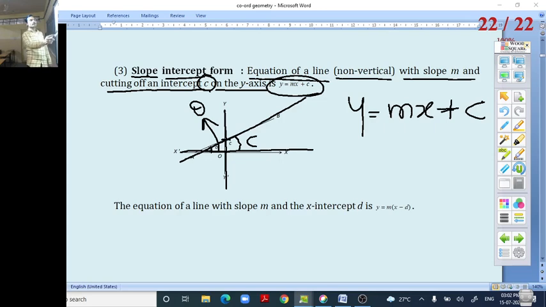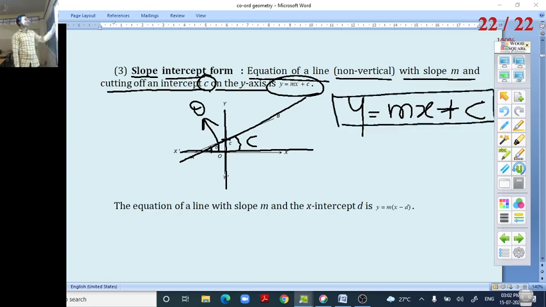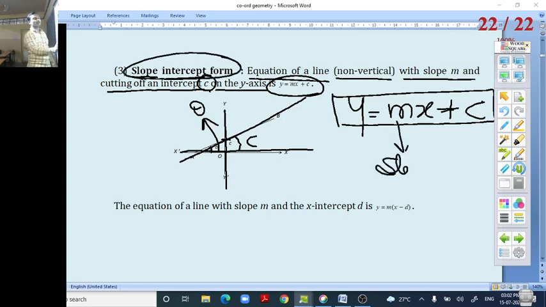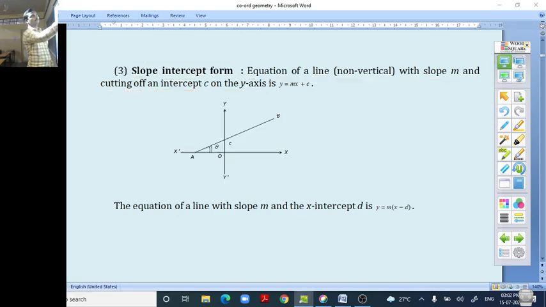So y equals mx plus c is the slope-intercept form of the equation of a line, where m is called the slope of the line and c is called the y-intercept.